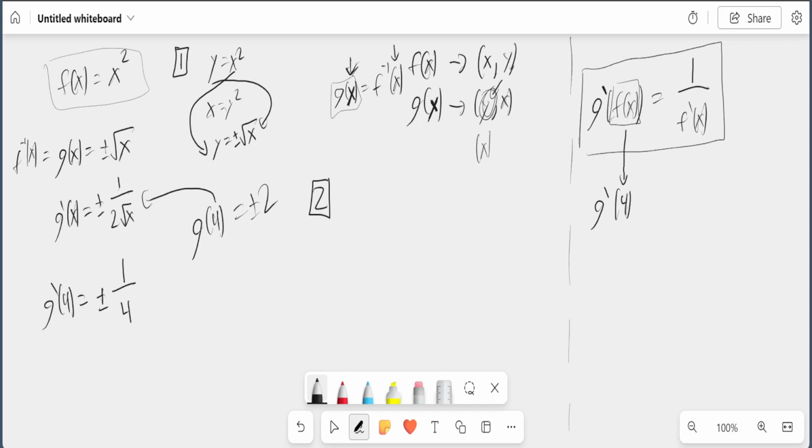Plus or minus 2. So we need to plug in 2. So the x we're plugging in is not 4, it's plus or minus 2, right?